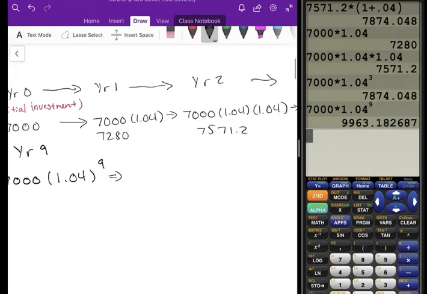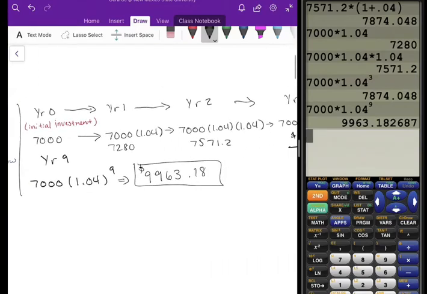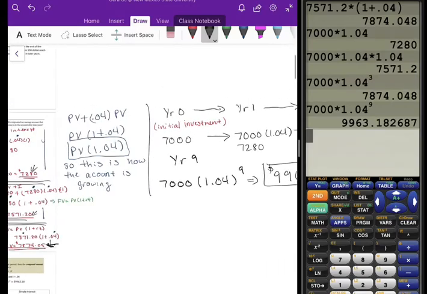So here we have 9,963 with 18 cents. So this is how much this person will make in 9 years.